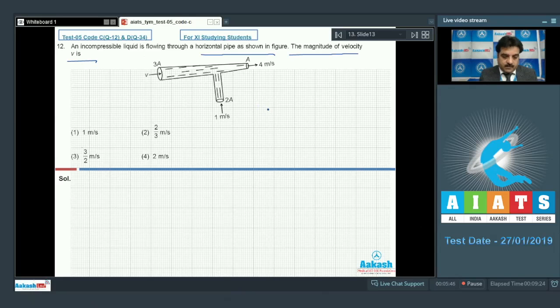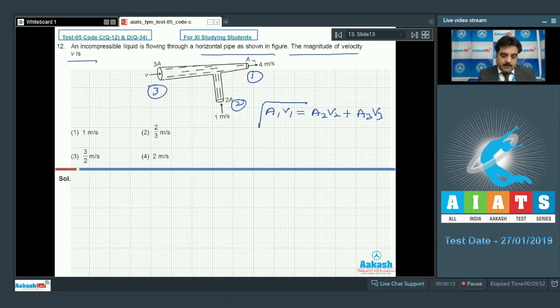So if I use this, we'll write A1 V1 is equal to A2 V2 plus A3 V3. I am going to take this one as 1, this one as 2, and this one as 3.